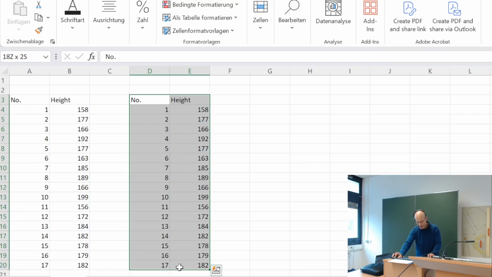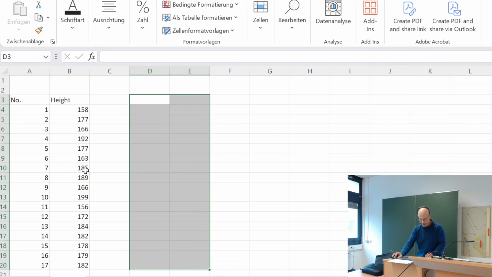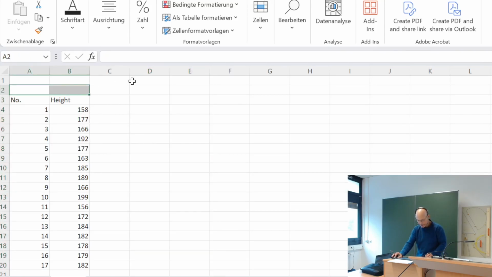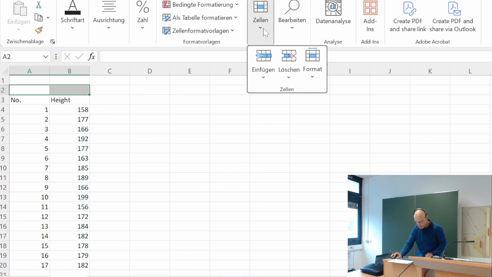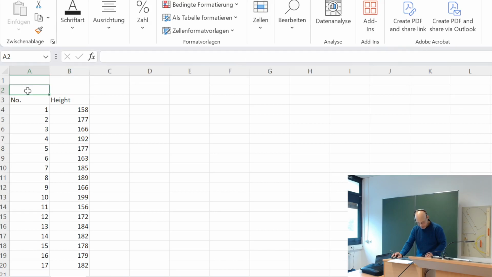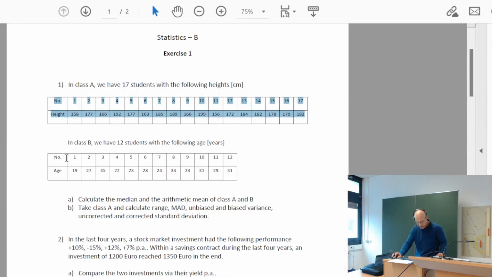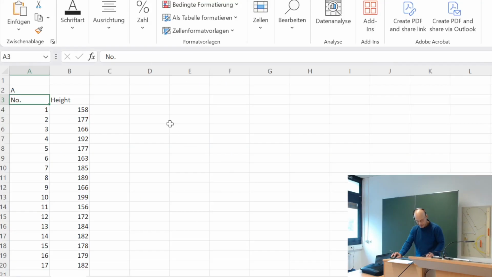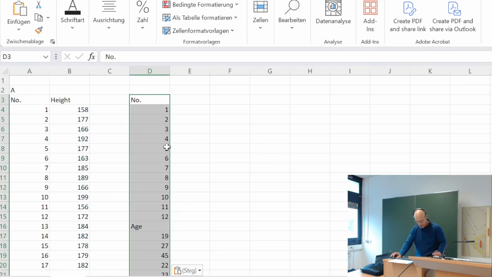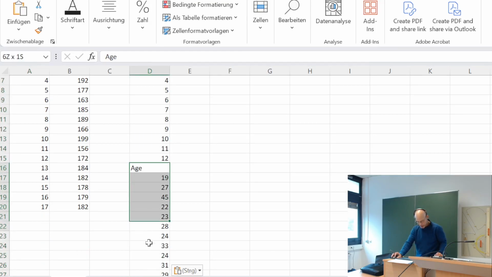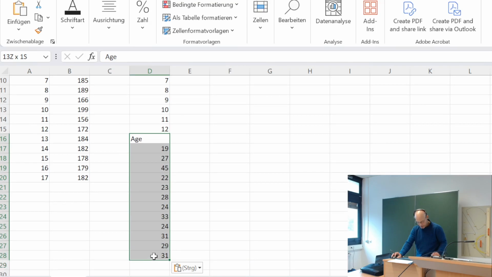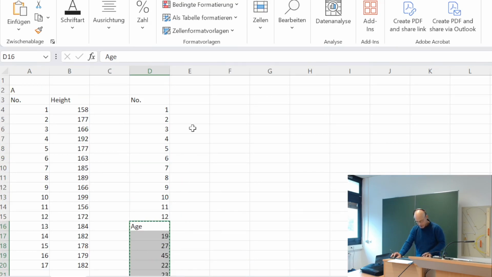Okay, so this was then class A. And then let's take also B. Copy and paste. Height and H.